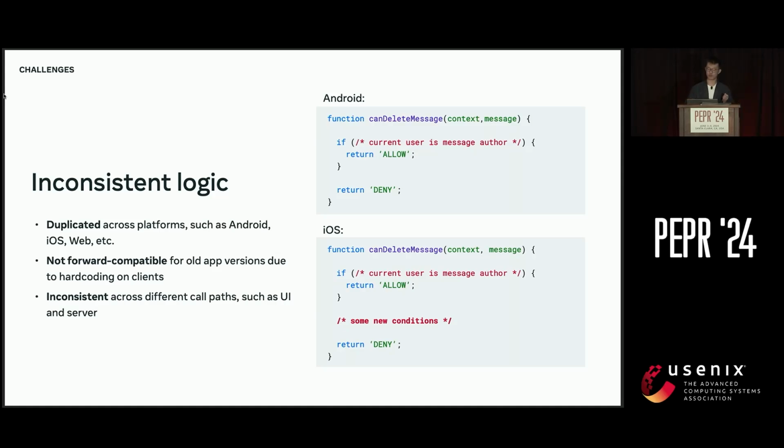We want the permission to be forward compatible, which means when we hard code the permission on the clients, a new release of the clients updates the new logic. However, those new updates won't be applied to the old versions. We also want the permission to be consistent across call paths, for example, between UI and server.